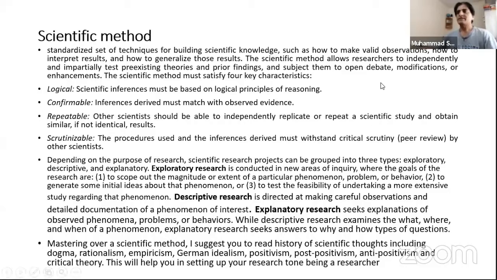The scientific method allows researchers to independently and impartially test pre-existing theories and prior findings and subject them to open debate, modification, or enhancement.